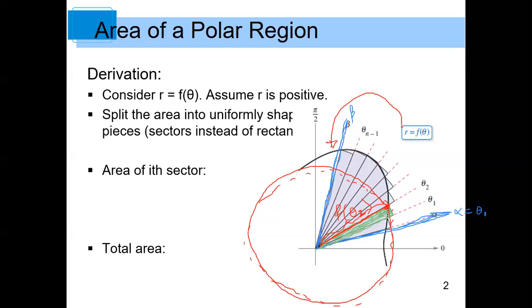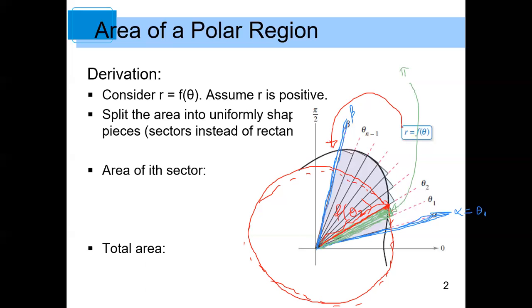So what about this green area? This green area right here is going to be given by, well, the area of the entire circle would have been pi times the radius squared.